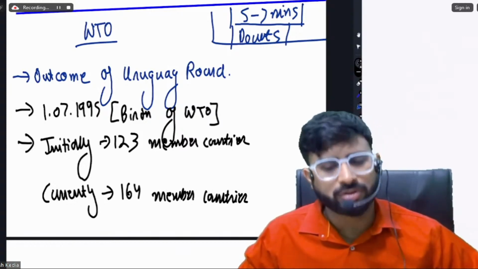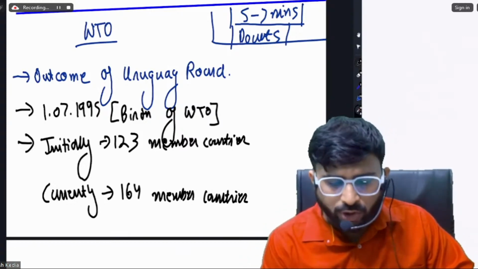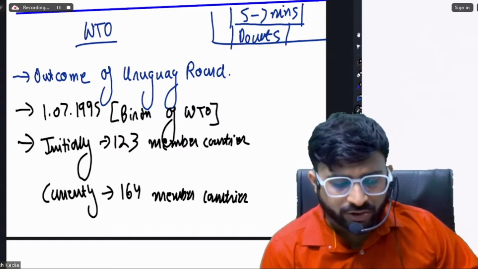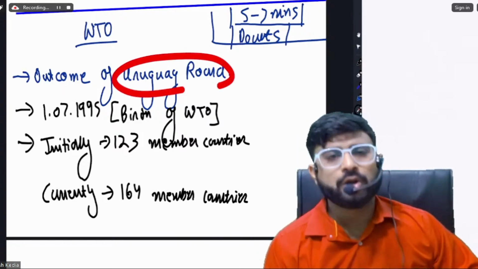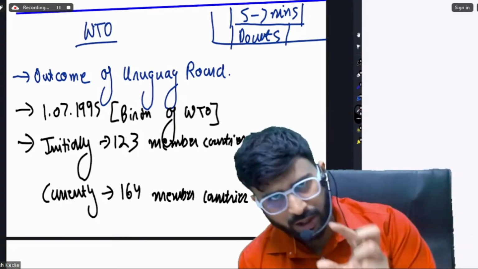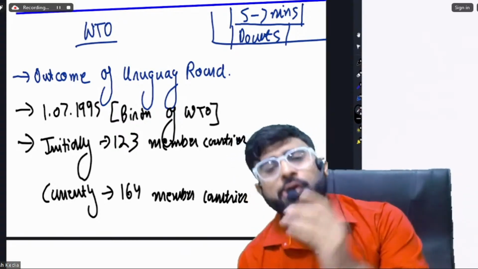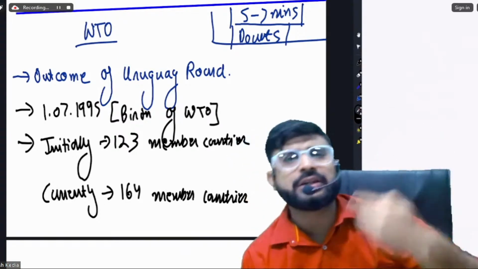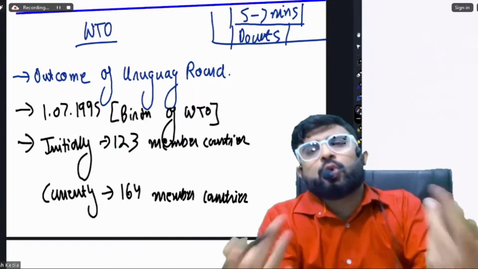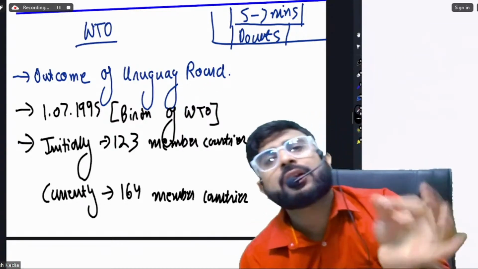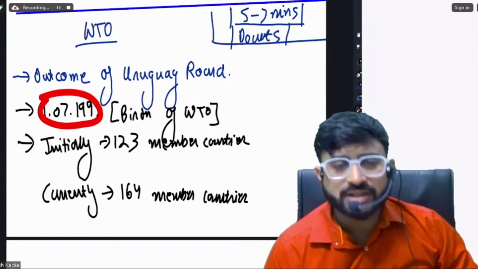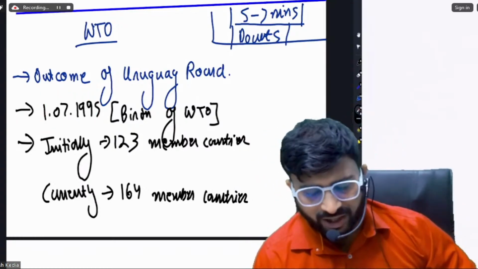WTO was the outcome of the Uruguay round. What is the Uruguay round? Uruguay is a place. उरुग्वे एक जगह है, वहां पर बहुत सारी मीटिंग्स कंट्रीज की चल रही थी 5 साल 6 साल 7 साल से। उसको बोलते हैं उरुग्वे मीटिंग या उरुग्वे राउंड। ठीक है। It was finalized on 1st July 1995.